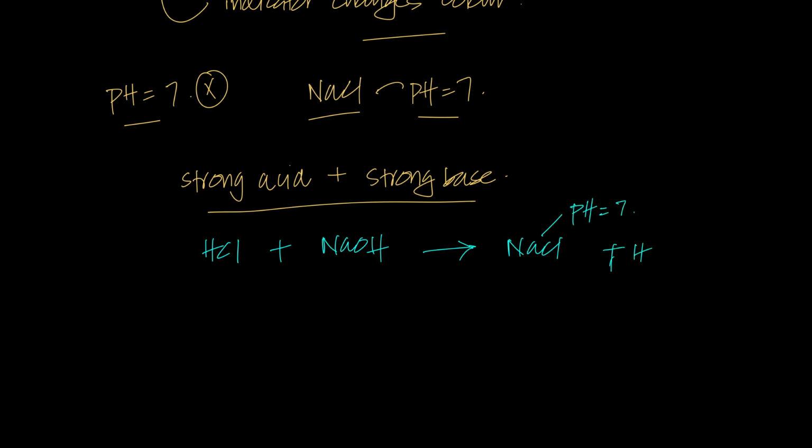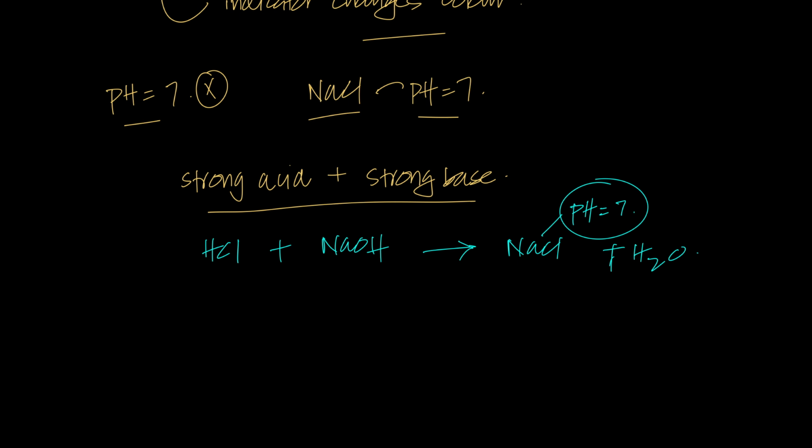And you get H2O. But normally at equivalence point, the pH is not really 7 at all times, because you can have salts with different pHs. If it's a strong acid and a strong base, you're going to normally end up with a pH 7 salt. That's just a fact for now that you need to know, and we're going to learn the whys later on.